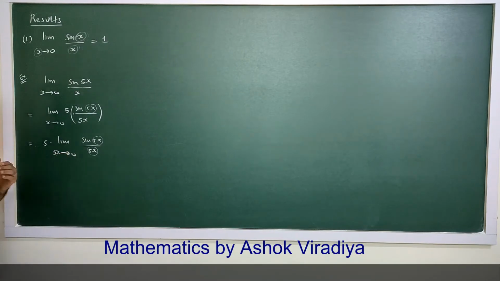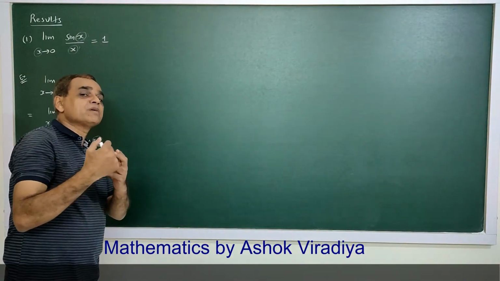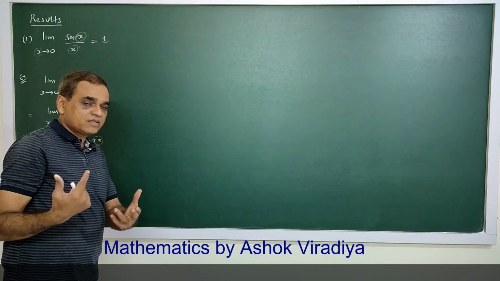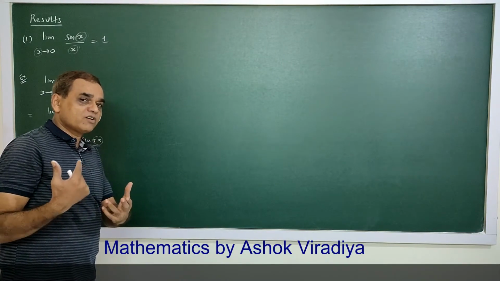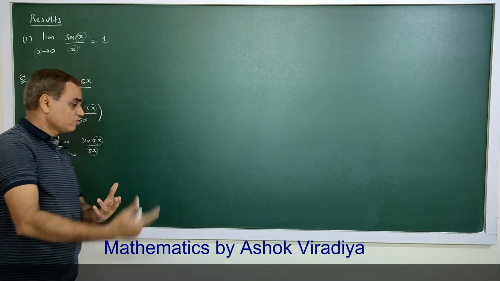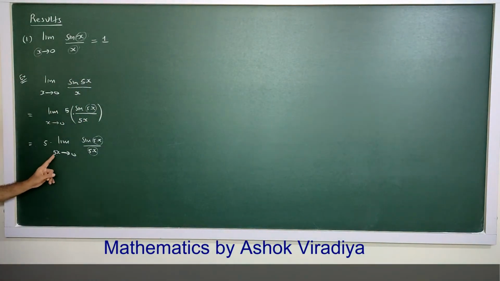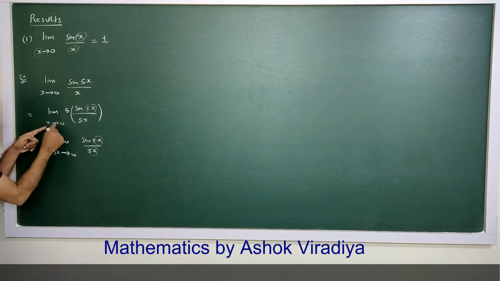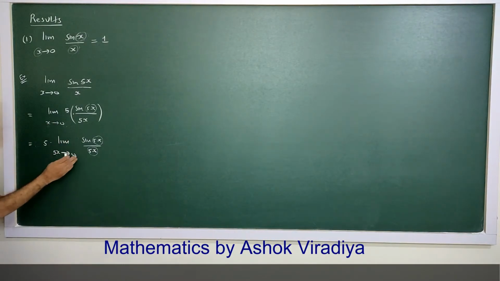If any number is going towards 0, then multiplying that number by any number, the new number will also tend to 0. So x tends to 0 means 5x tends to 0. In short, multiply by 5 on both sides. So 5x tends to 0.